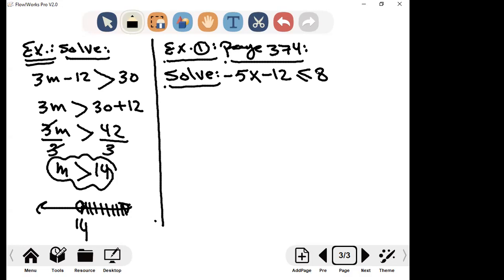Yeah, this is a two-step inequality, right? Shift means first step. So negative 5x less than or equal 8 plus 12. So I shifted the negative 12, right? The connected number. By the way, it's not called connected number, it's called constant.